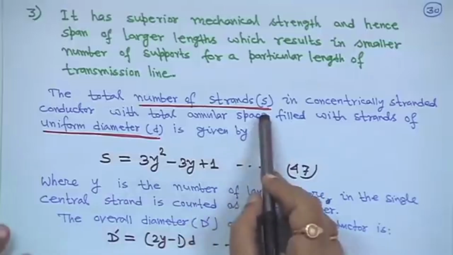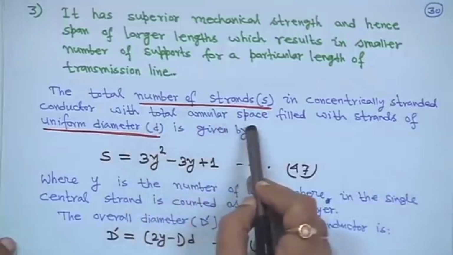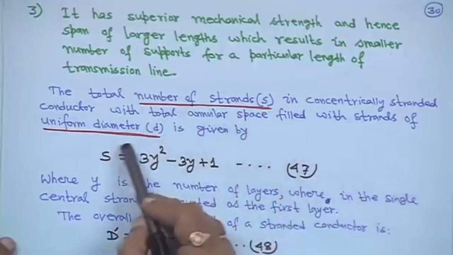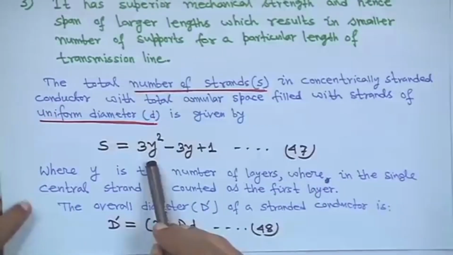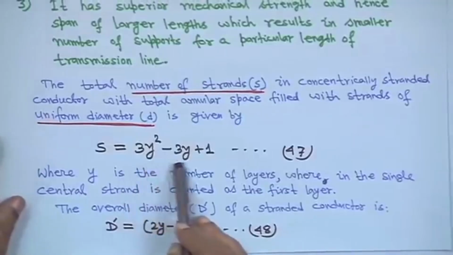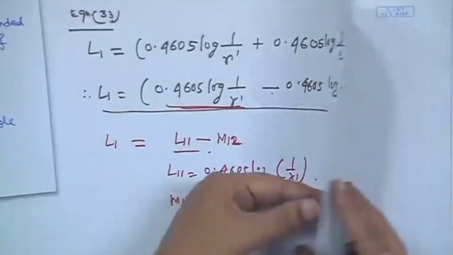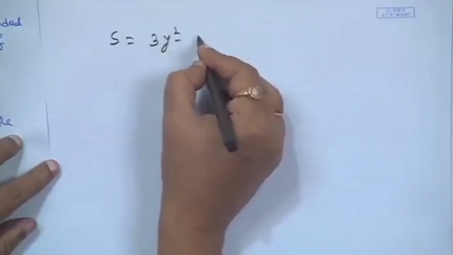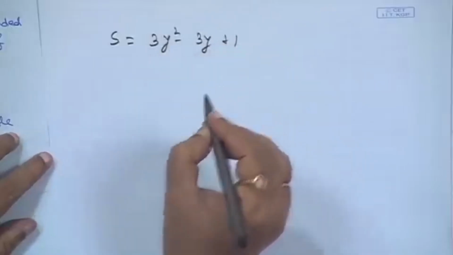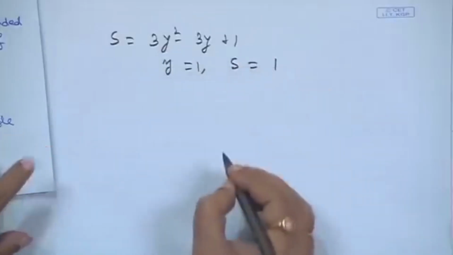So, the total number of strands S in a concentrically stranded conductor with total annular space filled with strands of uniform diameter d is given by a formula, where y is the number of layers: S is equal to 3y square minus 3y plus 1. For y equal to 1, you will get S equal to 1.